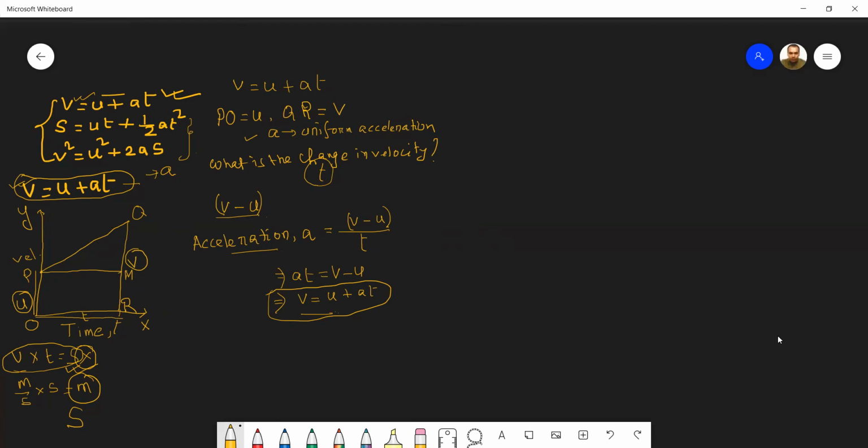Let me separate the first derivation from the second one. Consider that the figure is the same.